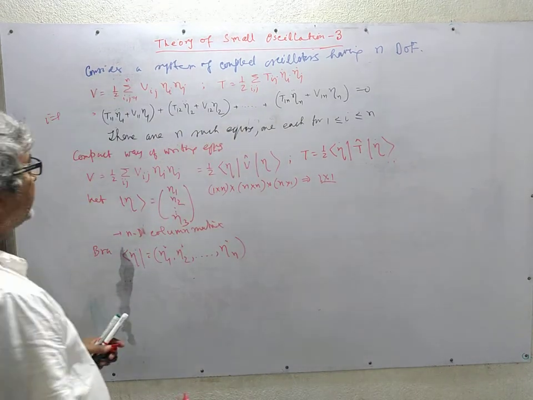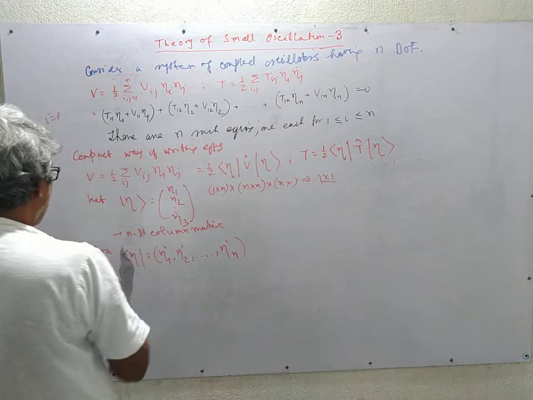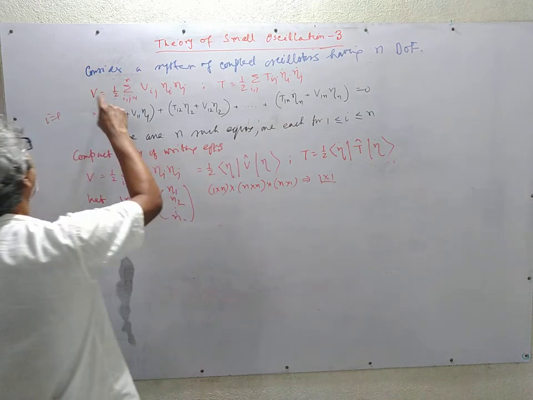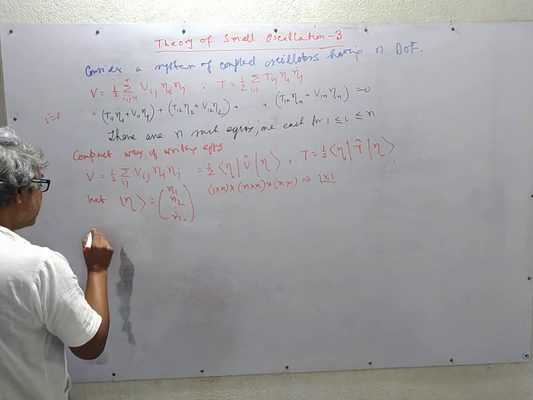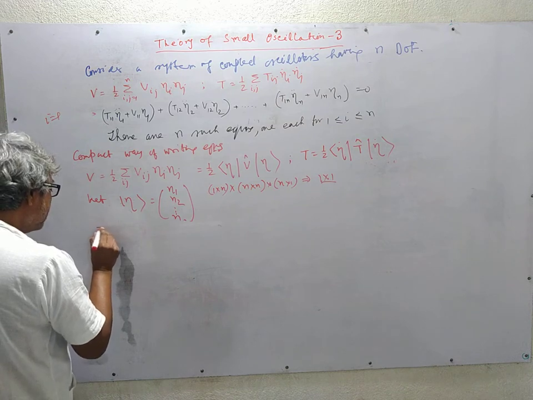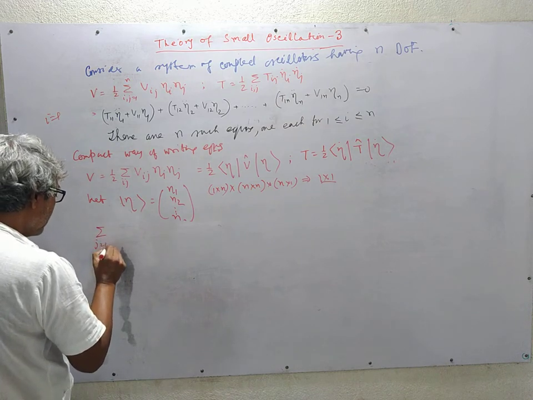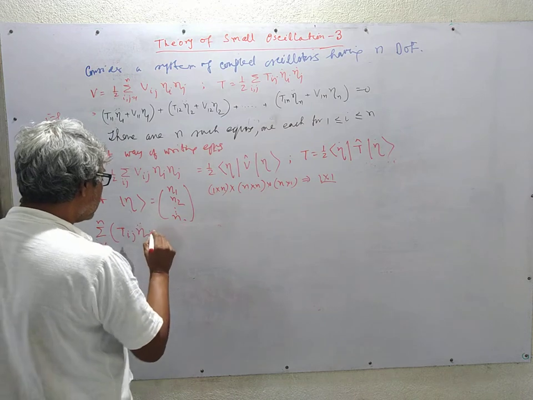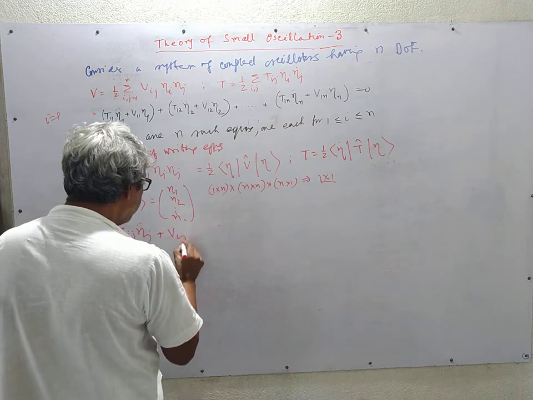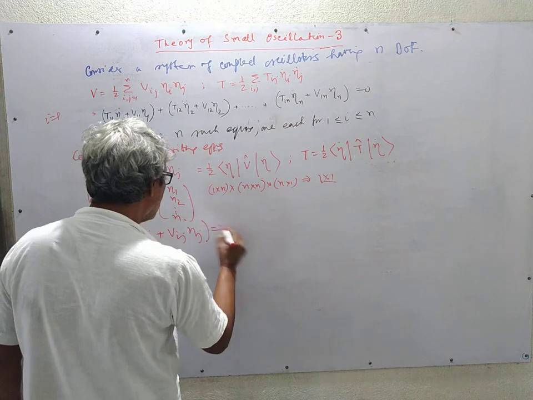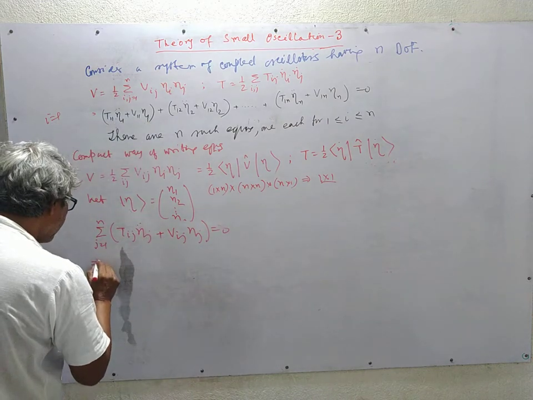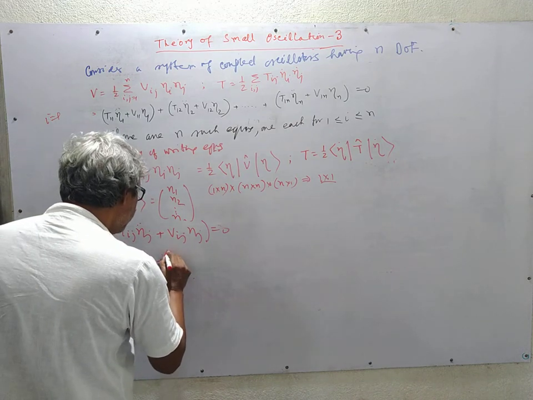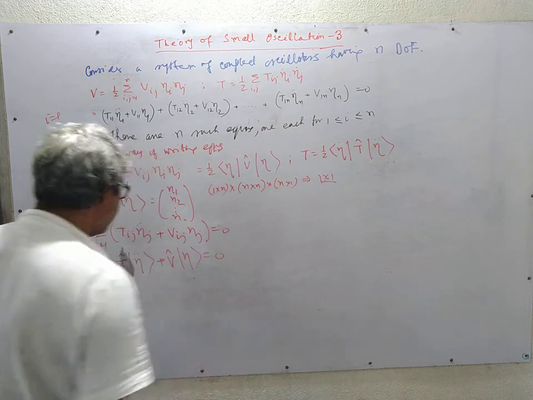So in that spirit, this set of equations, which we wrote in component form as the Euler-Lagrange equation, summation over j equal to 1 to n of T_ij η_j double dot plus V_ij η_j is equal to 0, can be written as T operator operating on η double dot plus V operator operating on η is equal to 0.